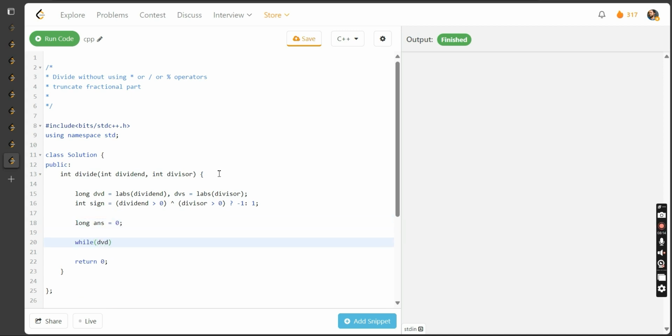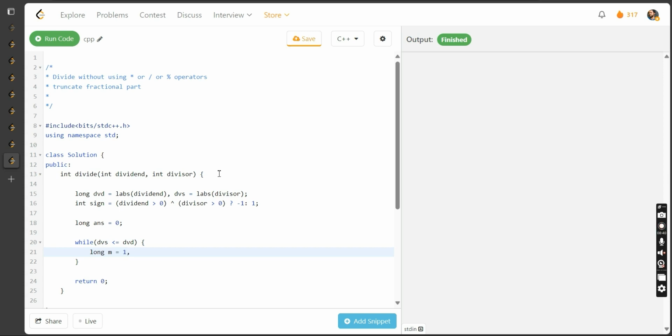You have your answer. While divisor is less than or equal to dividend, you need that scale of 2. This will be your scale, multiplier or scale, whatever you call it.